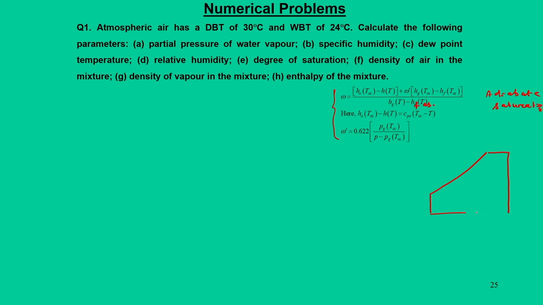So, the psychrometric chart looks like this: we have DBT, we have omega, and we have the state defined by this point, and point 2 is nothing but your adiabatic saturation.